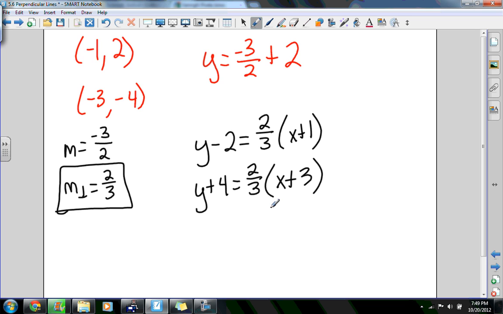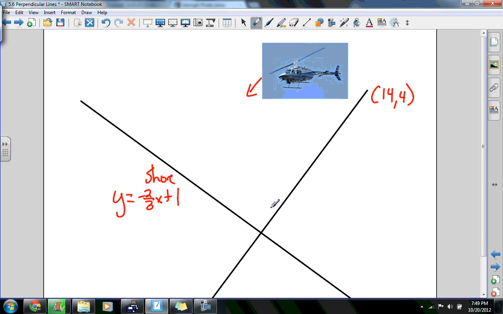There you go. Story problem time. This one says, there is a helicopter flying perpendicular, keyword, to the shore. If the helicopter is currently at the point 14, 4, whatever they have defined that as in the problem, what is its equation as it goes to the shore? Complicated problem, except that we already know how to do these.